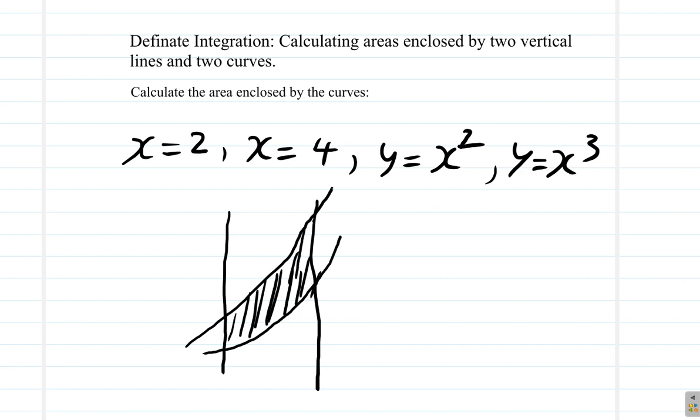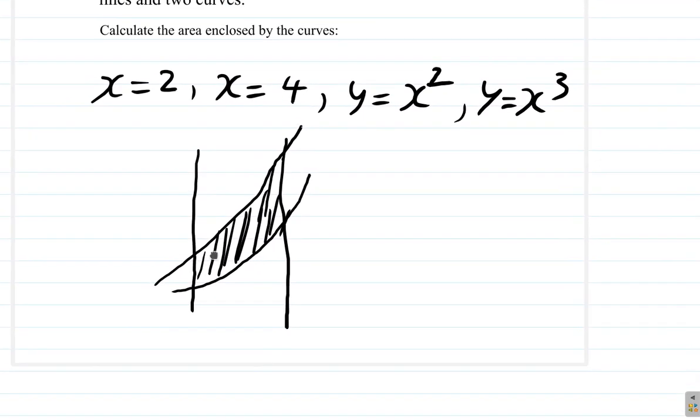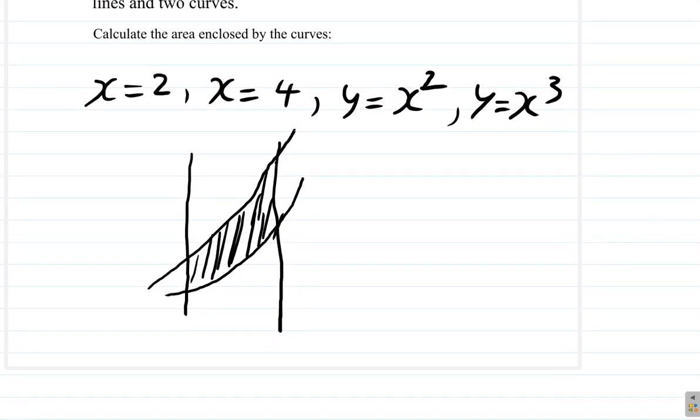All right, so let's look at it. This is the integral from 2 to 4 of... remember this is 2 and this is 4. Now you have the x cubed curve.